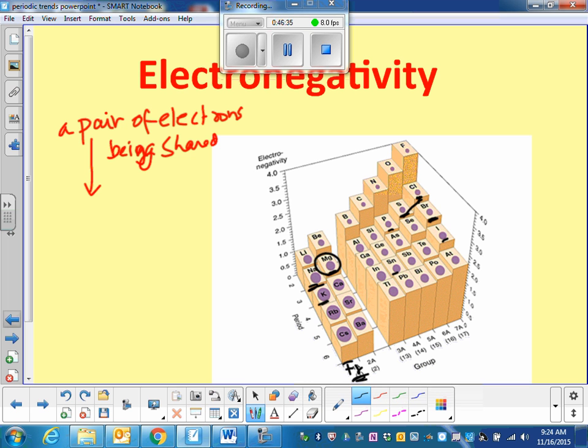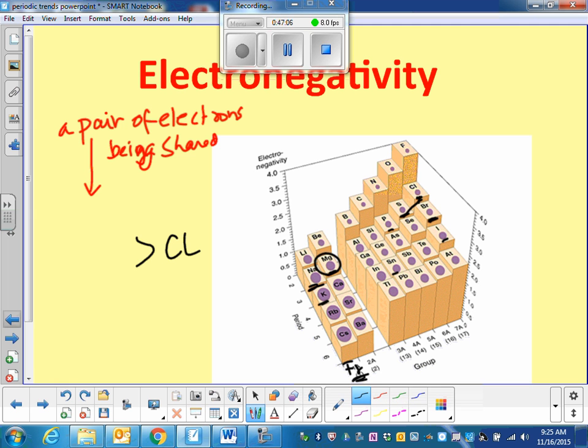In fact, look at the height. The heights give that away. Which is the most electronegative? You're lost because you're getting confused with size. Chlorine is the smallest, so chlorine will be the most electronegative.